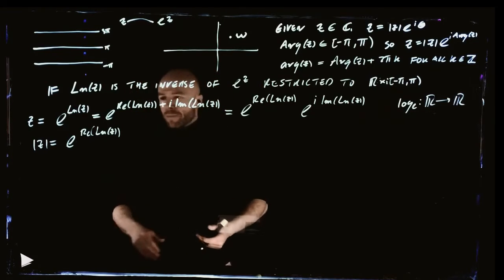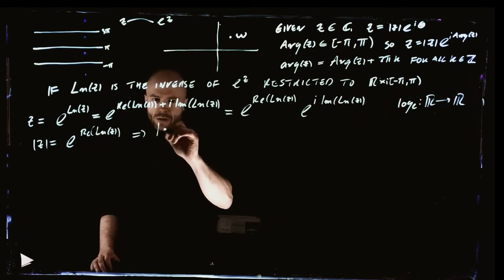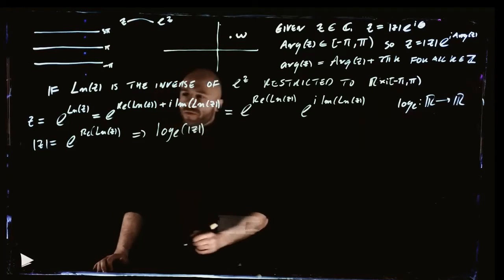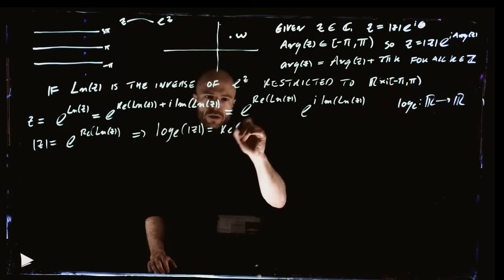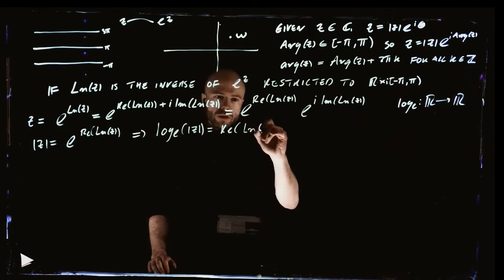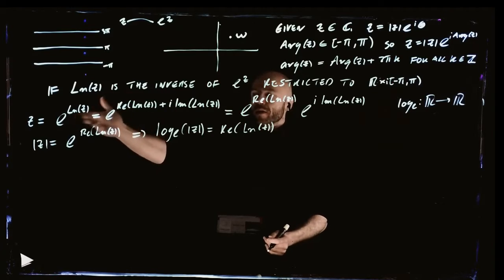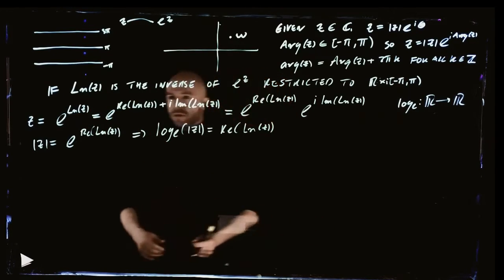If we do that, then what happens? Then we have that log to the base e of mod z, again, this is notation from Zill, is equal to the real part of log of z. So we understand what the real part of this function has to be, right? Just by taking absolute values.